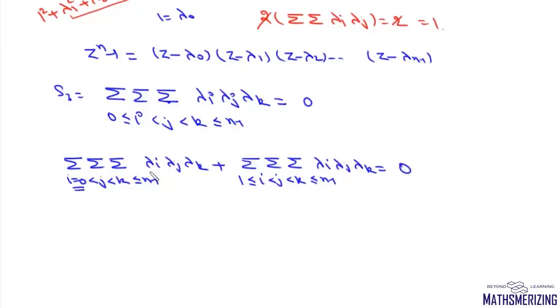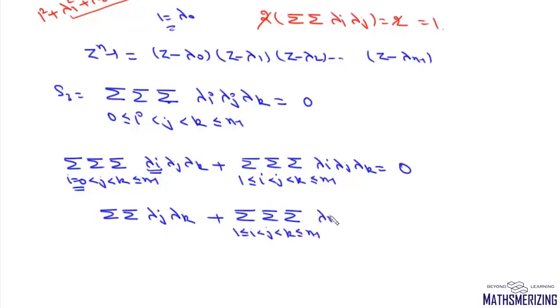Now if we put i as 0, we'll get this as lambda naught, and lambda naught is 1. So we can write this as this double summation lambda j into lambda k plus this triple summation 1 is less than equal to i, is less than j, is less than k, is less than equal to n minus 1, lambda i, lambda j, lambda k, it is equal to 0.